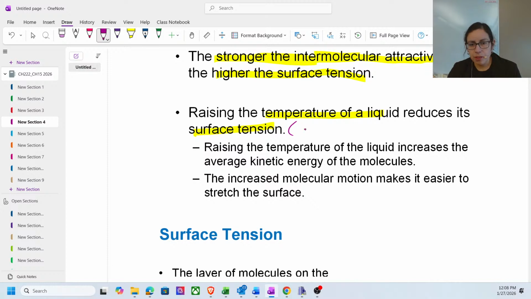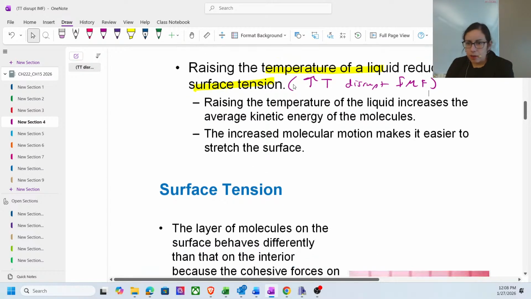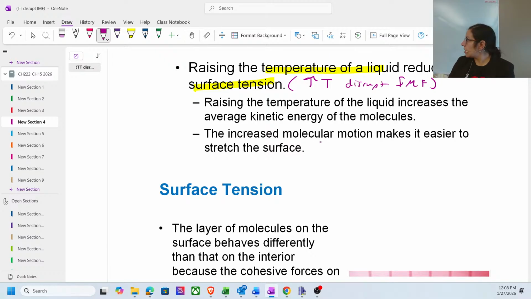As we increase our temperature, we start to disrupt those intermolecular forces. You're giving them more energy, so that's going to cause them to start moving more and potentially fly away. Again, thinking of vapor pressure. Or it stretches the surface, so again, weakening your surface tension.